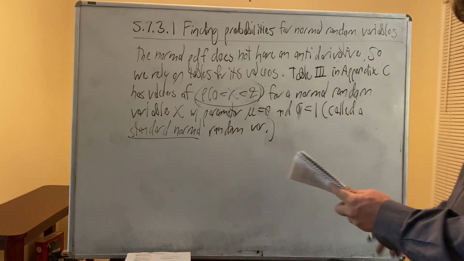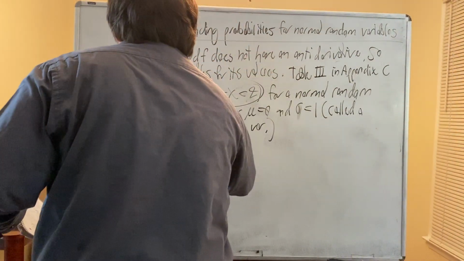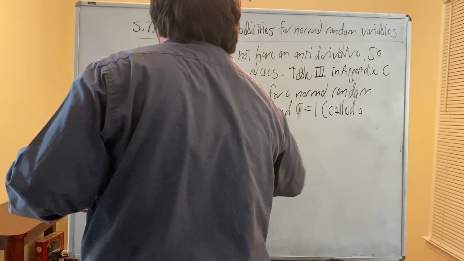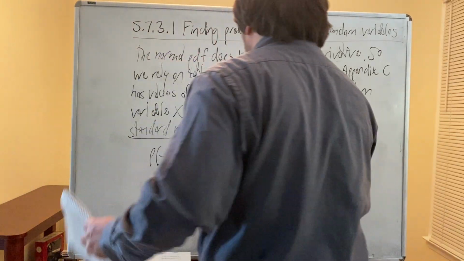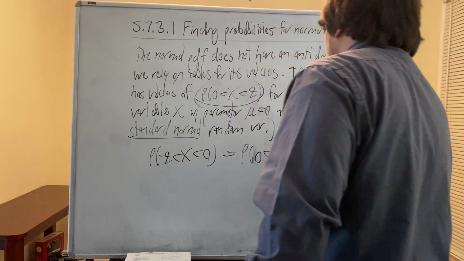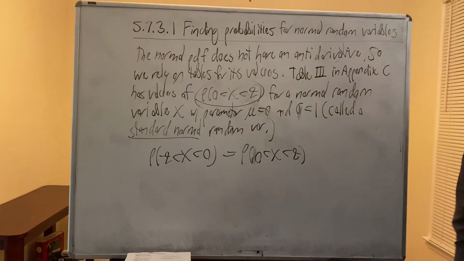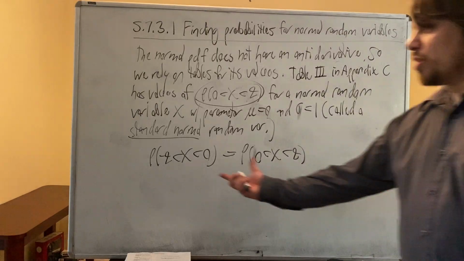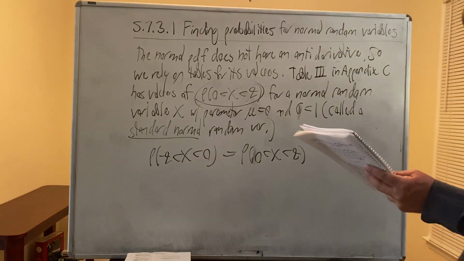Also, what's important to note is that the probability that negative z is less than x less than 0 is equal to the probability that 0 is less than x less than z. It's symmetric. You could switch these two, and the probability is the same.